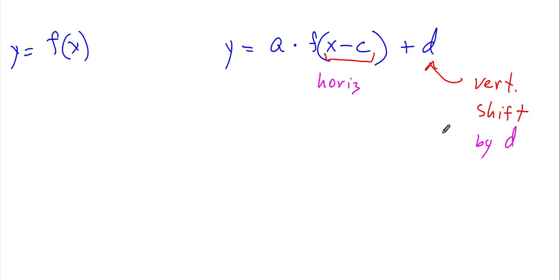If D is negative, it goes down. If C is positive, it looks like x minus, let's say, x minus 4. Horizontal means in the side direction. If it looks like x plus 5, that's a negative shift because we have a positive number there, so C must be negative 5.